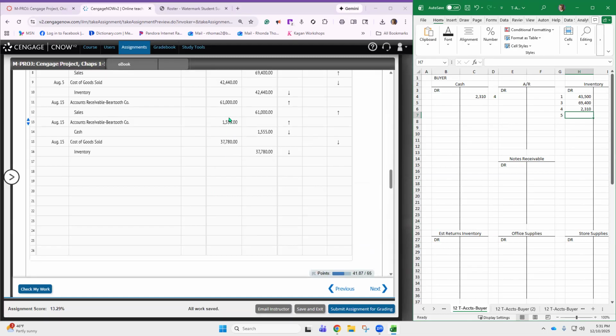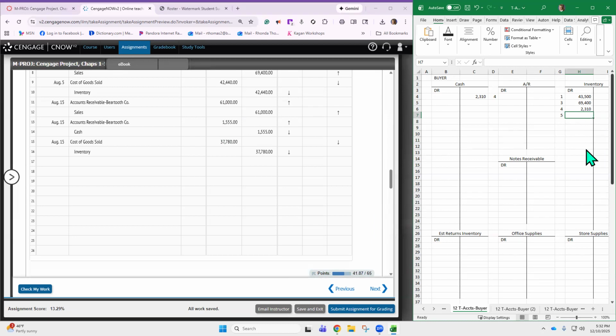I don't know whether it's combined or not, but I'm not going to combine it at first. I'm going to put 61,000 in inventory because that's how much we sold them. And then I'm going to put this much in inventory also, and then all of that's going to accounts payable.